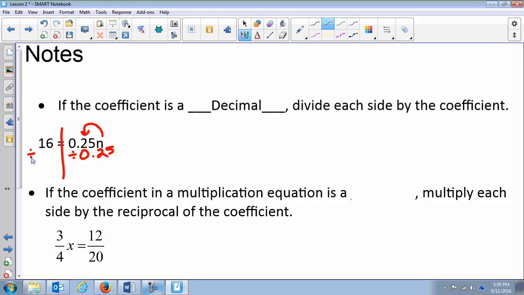So I also have to divide 16 by 0.25. You might want to do this by hand to keep your decimal division and multiplication sharp, but you may use a calculator. 16 divided by 0.25 would give me n equals 64.